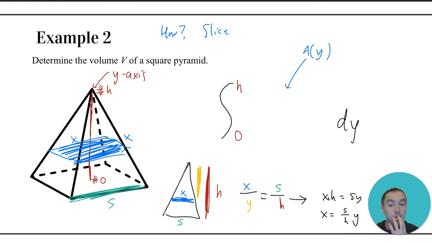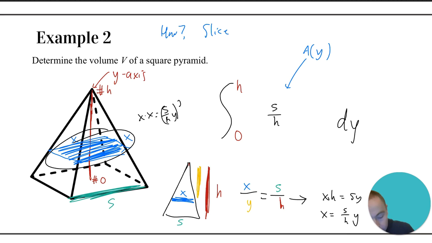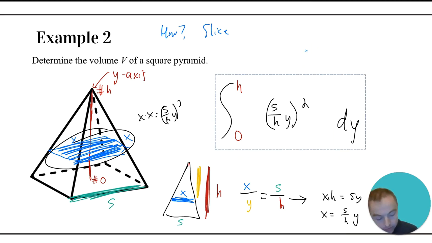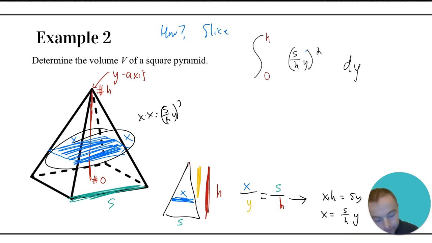So if that's what x is, then the area of this cross-section is really x times x, which would be (s over h) y squared. So that would be the function then that we would want to use. So (s over h) y squared would be the area of each cross-section, and then this integral right here would be the integral that we can then integrate to find the volume of the pyramid.